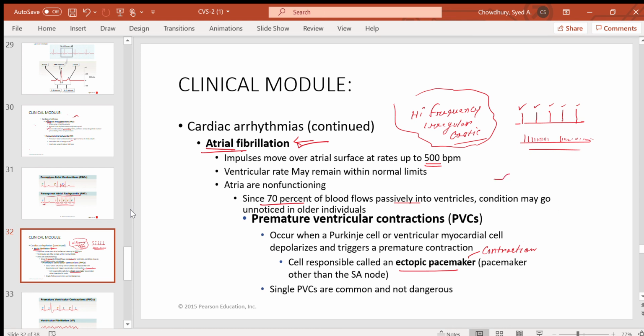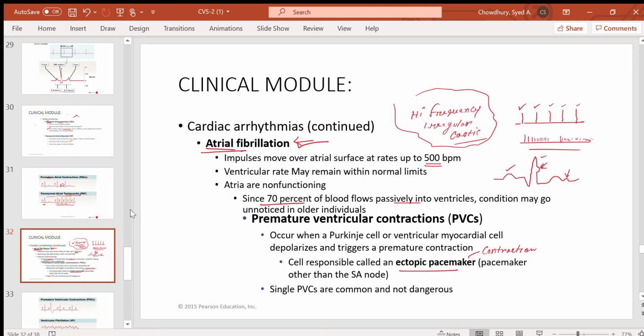So this is P, this is Q or S, and you might see an extra beat. That is the ectopic. Anywhere it can happen, an extra premature beat. Normally, the SA node produces these electrical impulses, right?